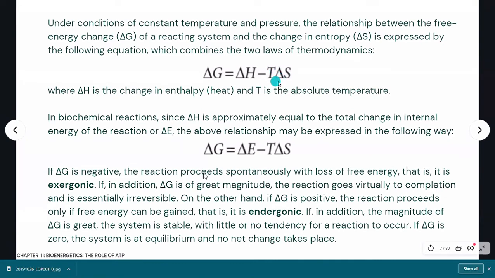Once you say delta, it means change of entropy. But the problem with this is, how can you measure disorderliness?